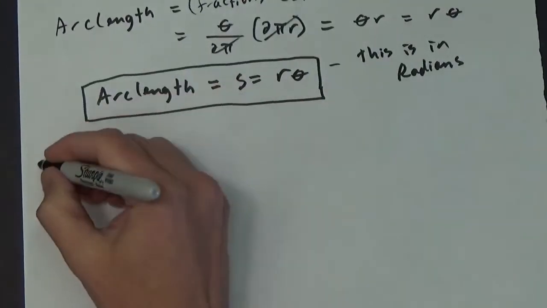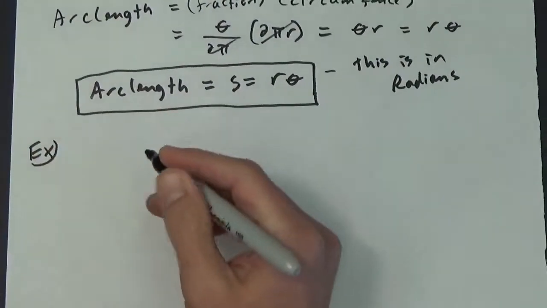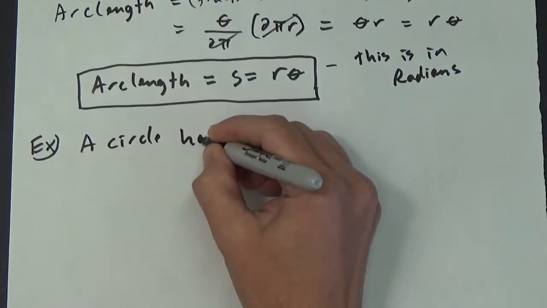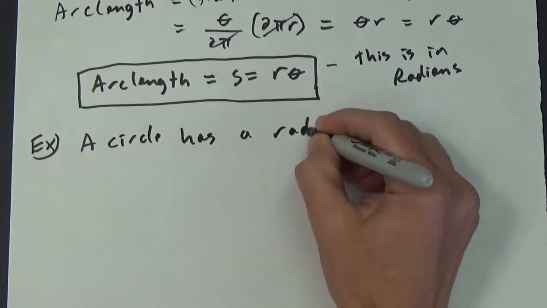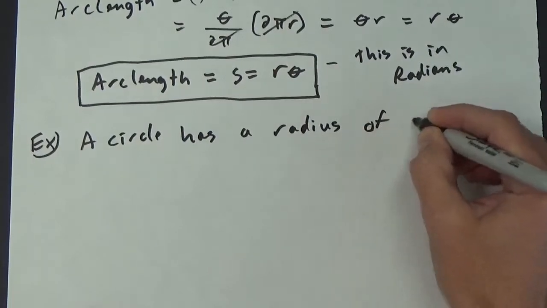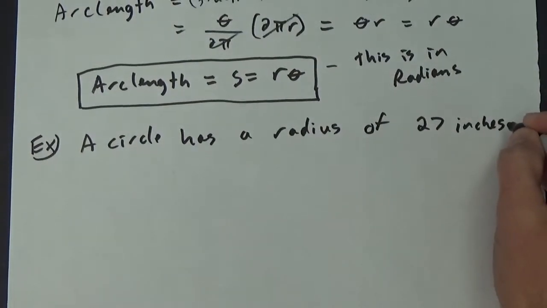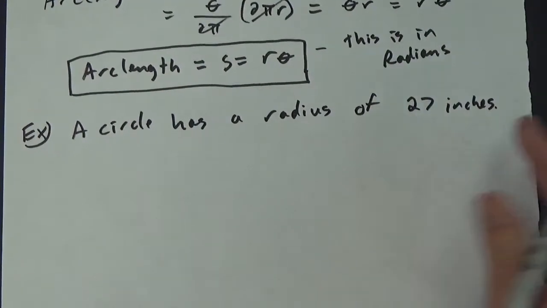Okay, so let's look at an example. A circle has a radius of 27 inches. So that's a pretty decent sized circle.